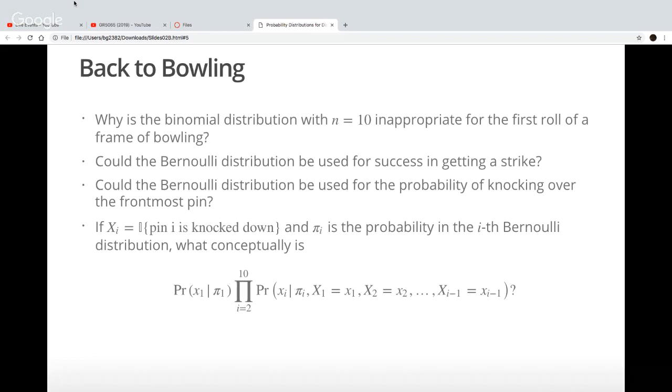Those two things together form a bivariate probability for the first two rolls. And then we go to i equals 3, multiplied by a Bernoulli setup, given the first two pins. The product of those three things gives us a trivariate probability. We go to i equals 4, multiply one more.